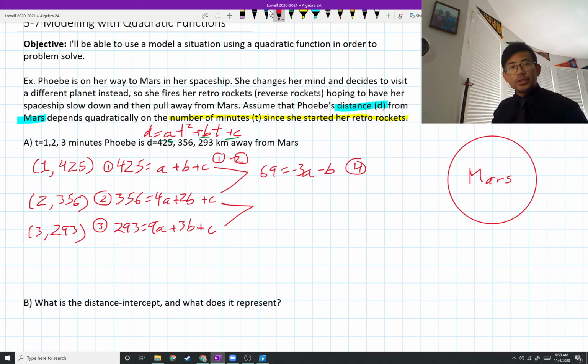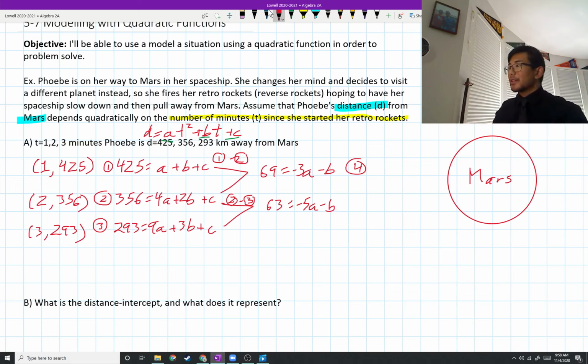When I look at equations 2 and 3, I'll do again equation 2 minus equation 3. The reason I'm doing these, by the way, is just because it's easy for me to do the top one minus the bottom one. Just easier on my brain. So let's see, 356 minus 293 should be 63, I believe, equals negative 5a minus b once again.